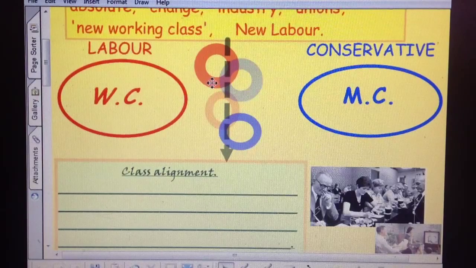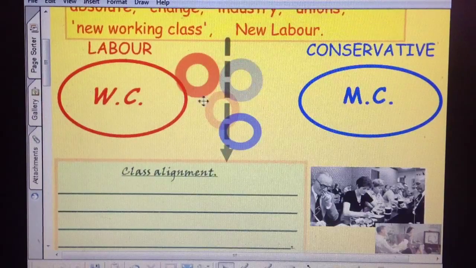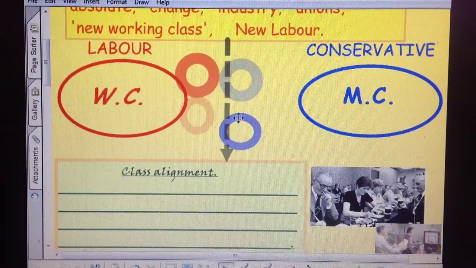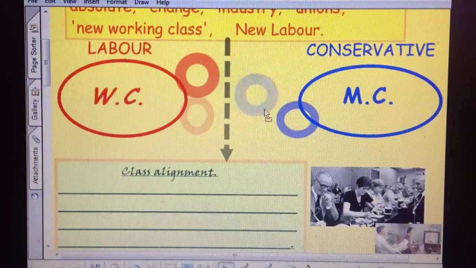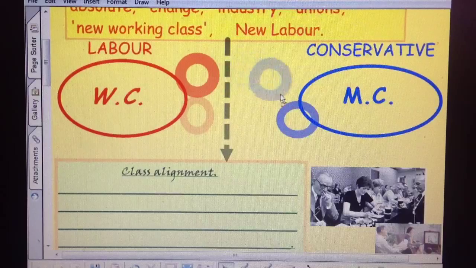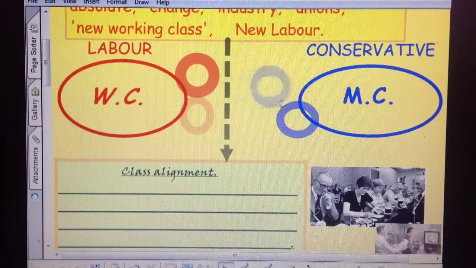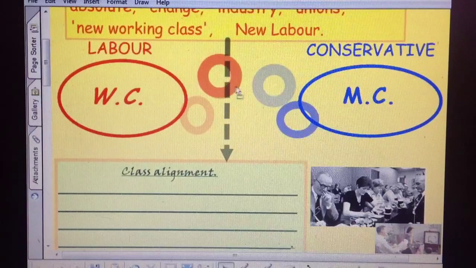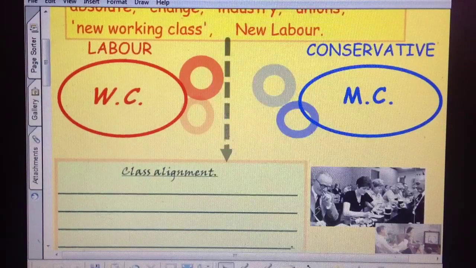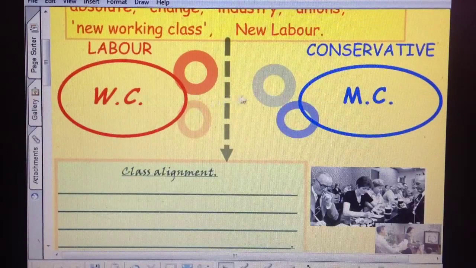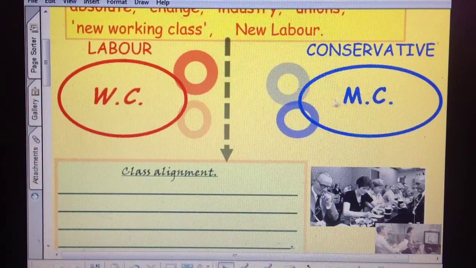And then what's happened is you have a few people in the middle who would float around. Some middle class people might vote a little bit Labour sometimes, and that would depend on elections. But basically, the social classes lined up. Middle class, Conservative, working class, Labour. And that's what we call class alignment.